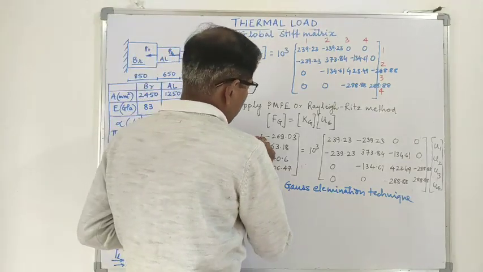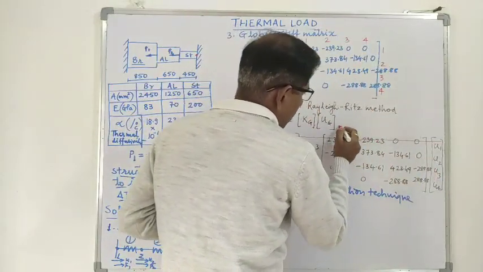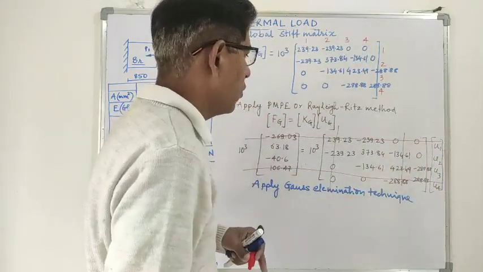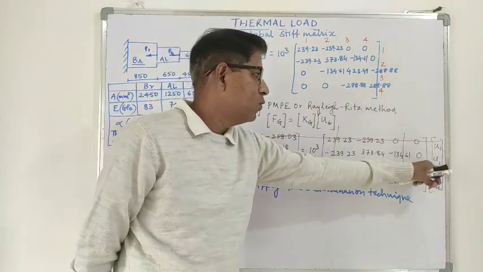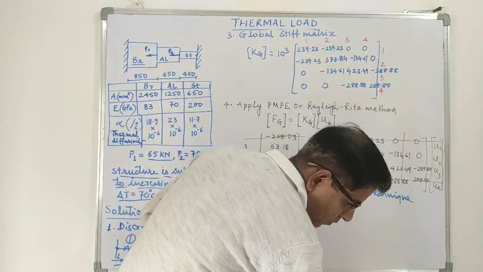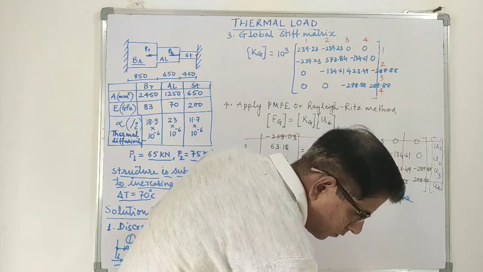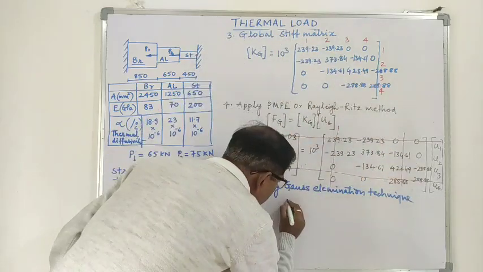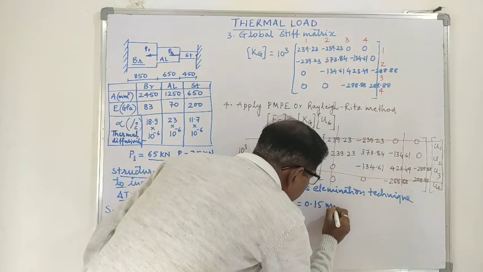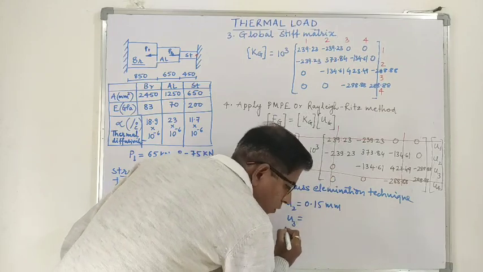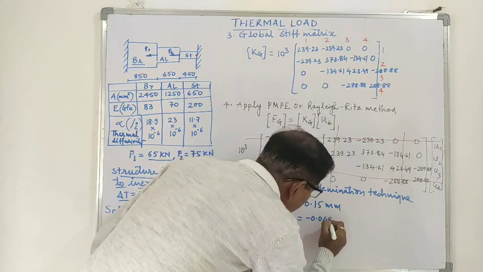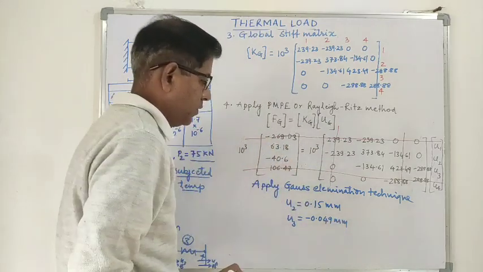So cancel out row 1, column 1, row 4, column 4, and from the remaining portion you calculate the values of u2 and u3. So u2 comes out to be 0.15 mm and u3 comes out to be minus 0.049 mm.